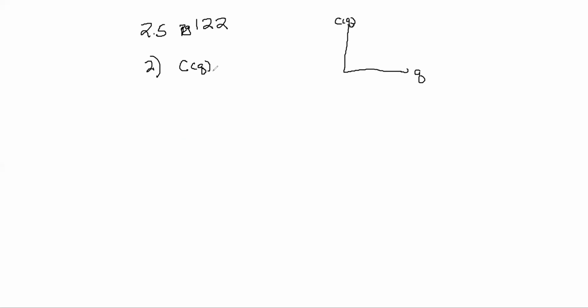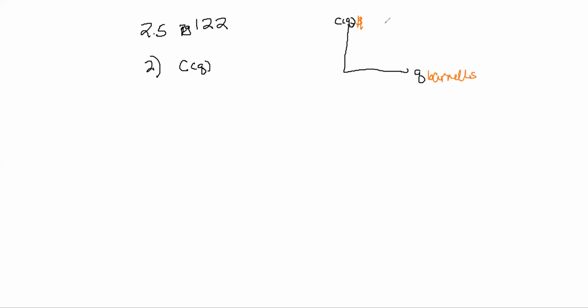Okay. Where do I start with this? I would start by establishing units. The cost of producing Q barrels is going to be measured in dollars, and Q is going to be measured in barrels.